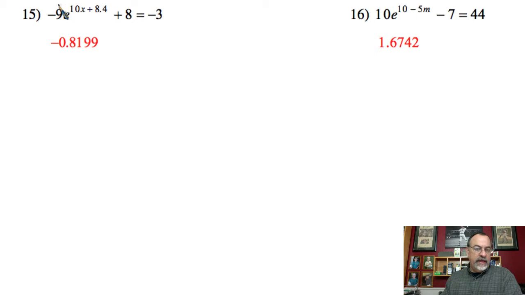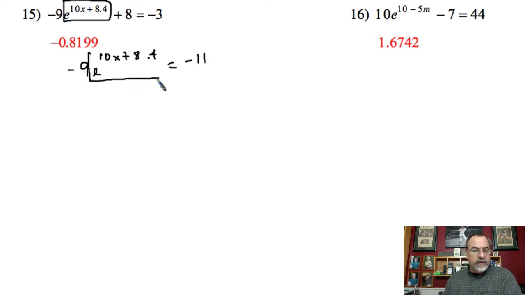So here we have, again, the term that has the variable we're solving for right here. So this is going to have to be isolated. So we're going to have to move the 8 and take care of the 9 as well. So we're going to subtract 9 from both sides. So this is going to be negative 9 e to the 10x plus 8.4, that's the exponent, equals, we're subtracting 8 from both sides, so that's going to be negative 11.